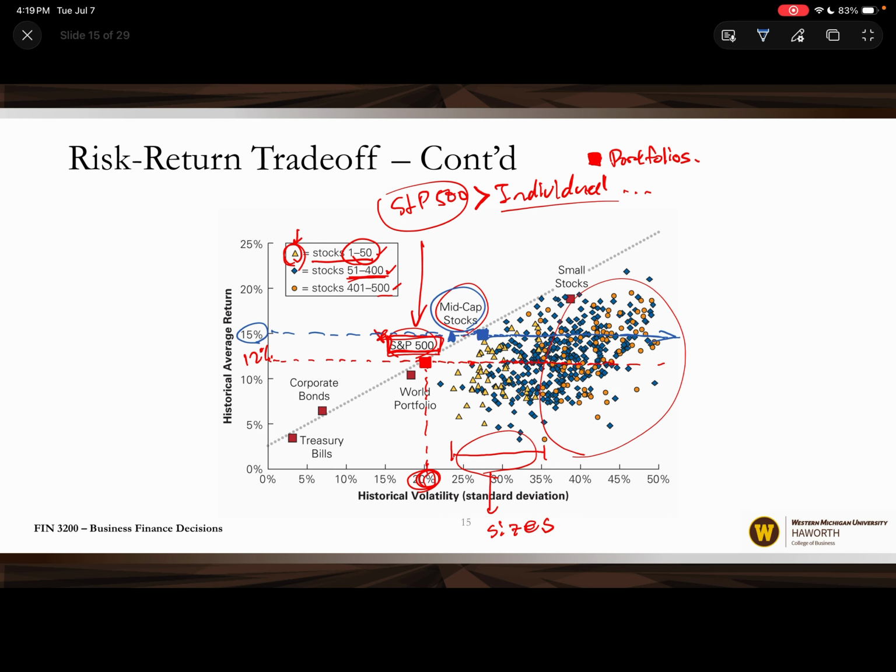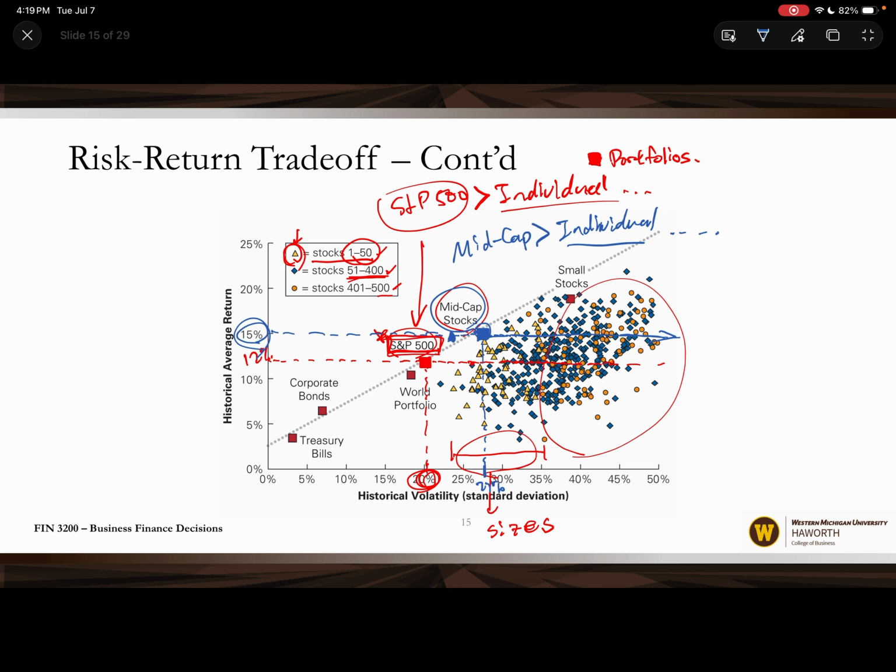Yeah. And another way to look at this is we can draw a vertical line too. So given the volatility of 27%, does any individual stock generate a greater historical return? No, right? So the conclusion remains the same. Mid-cap stock portfolio is better than any individual stocks that are part of the portfolio. Okay, we'll see why in the upcoming slides.